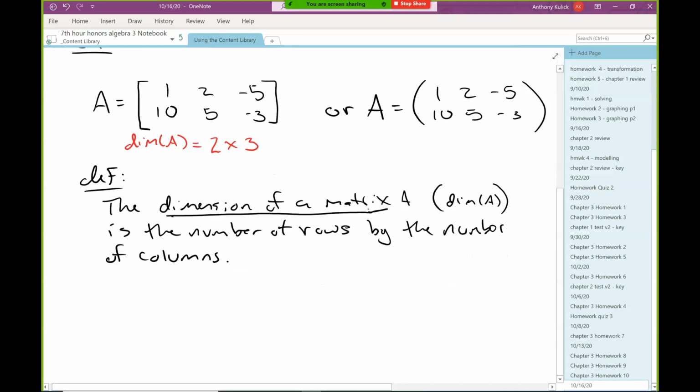We have 2 rows and 3 columns. Again, rows go left and right. Columns go up and down. We always, always, always write rows first and columns second when we write a dimension. You'll never write it in the reverse order. It would be incorrect if you write it in the reverse order. So always rows first and columns second.